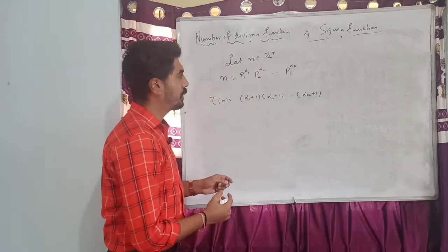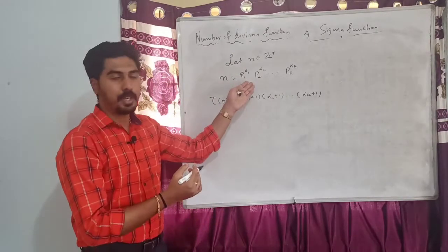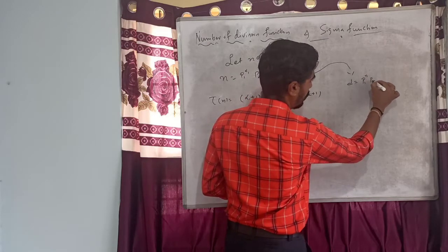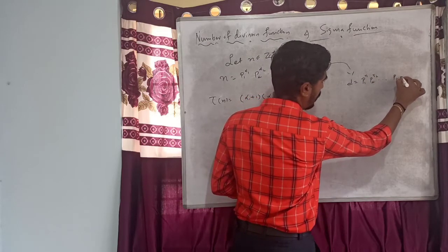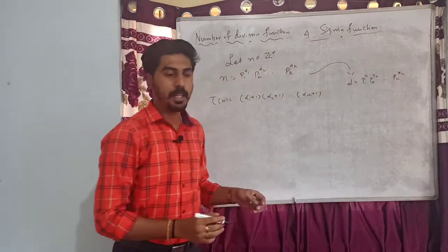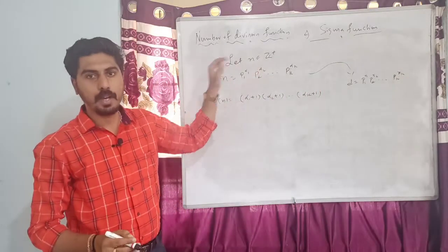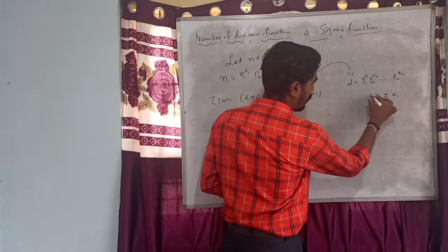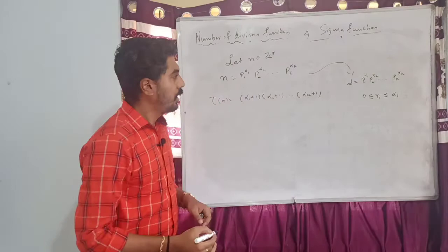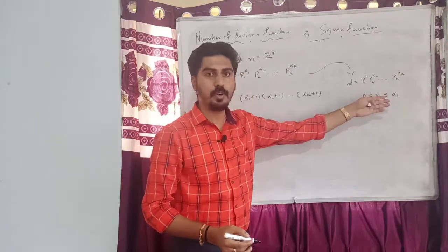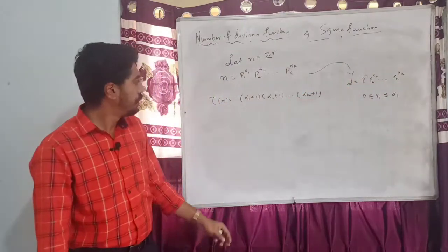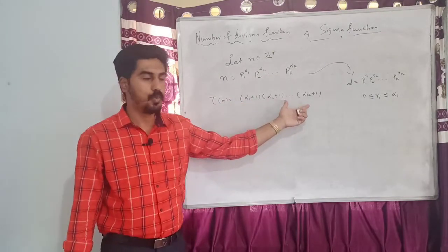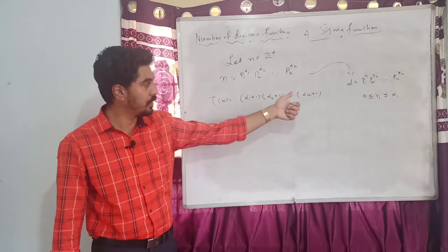This is because any divisor of n will be of the form d, which is equal to p1 power gamma 1, p2 power gamma 2, etc., pk power gamma k, where each gamma i is less than or equal to alpha i, and greater than or equal to 0. So we have alpha i plus 1 choices for each power. So the number of divisors is equal to the product of alpha 1 plus 1, alpha 2 plus 1, etc., alpha k plus 1.